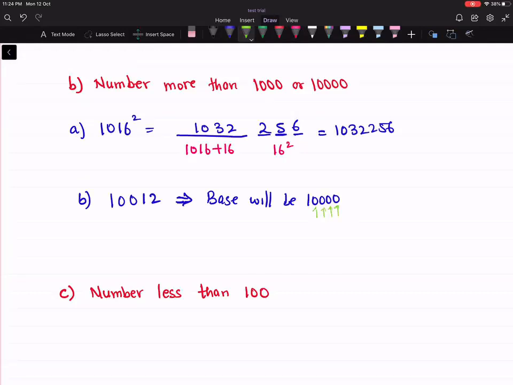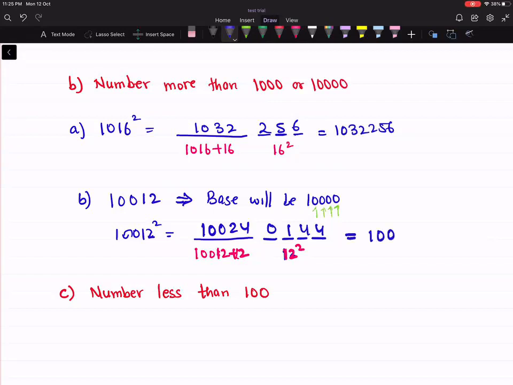So our number will be 10012 square, some number followed by 4 digits. These 4 digits are guided by 12 square, and before that is 10,012 plus 12. So my answer here is 10,024, and 12 square is 144. So 0144. So this square is 100240144.